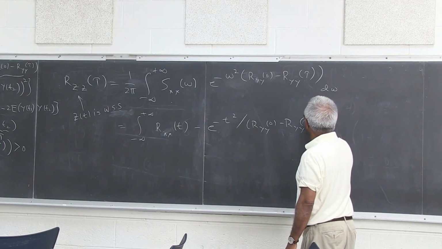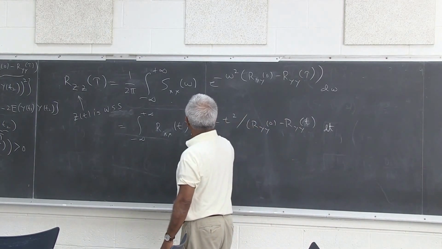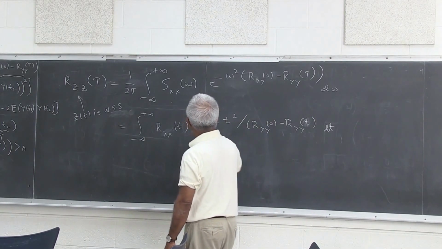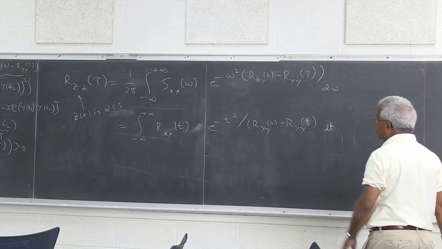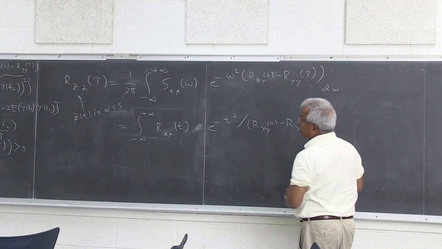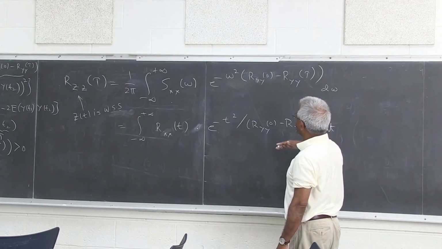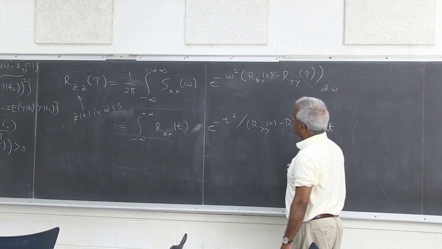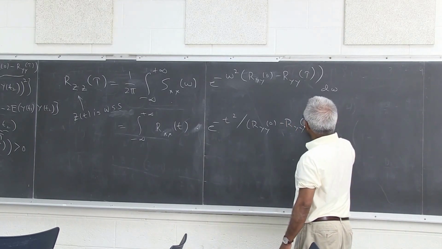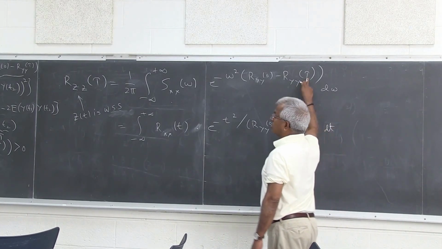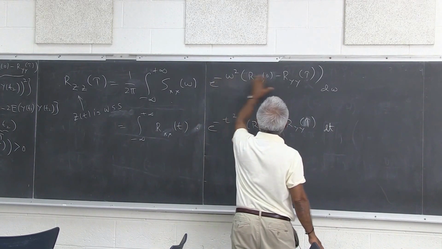So either way, this is a multiplication here, and the inverse transform of the Gaussian shape is a Gaussian shape, except the variance will come in the denominator. As far as the integration is concerned, tau is a constant; the variable of integration is omega.